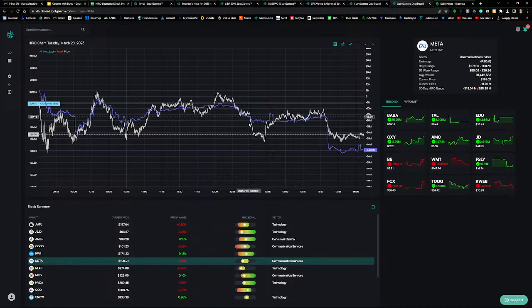All right, here's Meta. I think I saw that JEC had a trade in Meta earlier today. One contract on SPX, and Meta actually had a rising call wall.